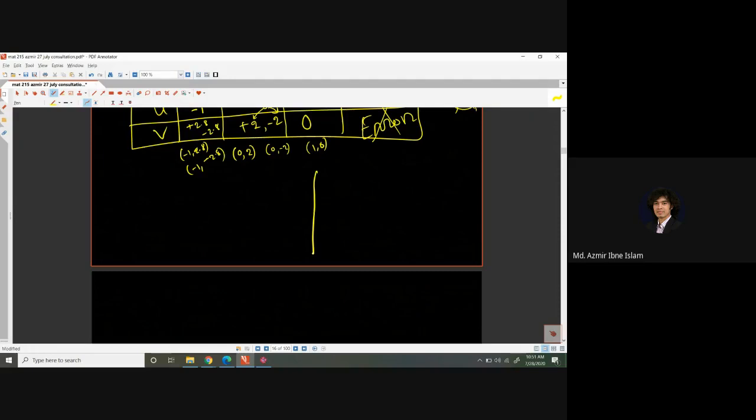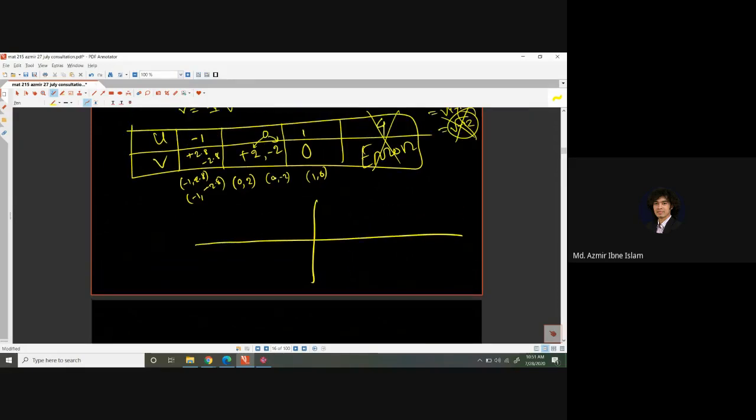So let's draw. In the u axis, we have taken -1, 0, +1. Can you see properly? Yes, sir. Then in the y-axis we have 0.